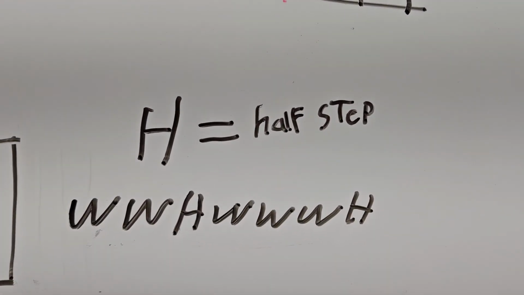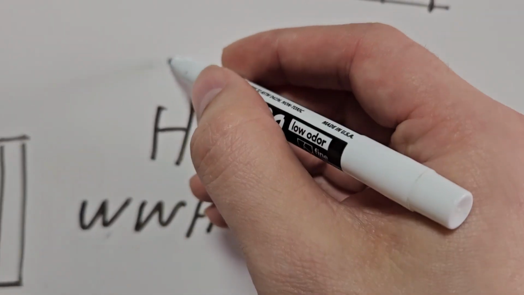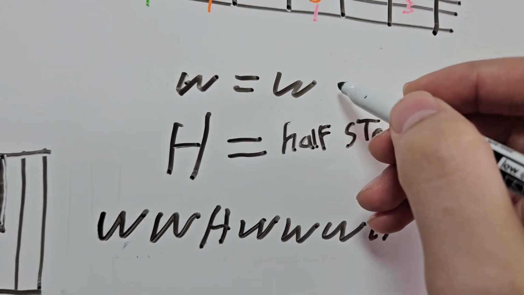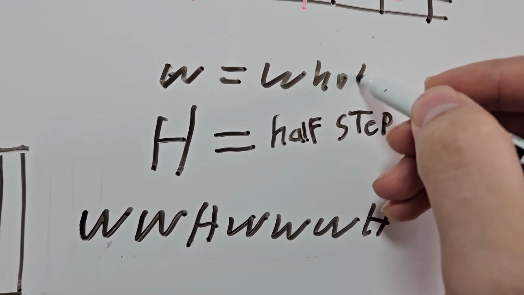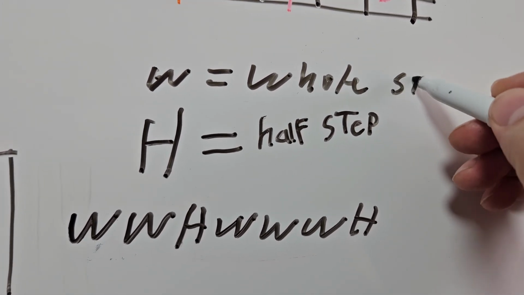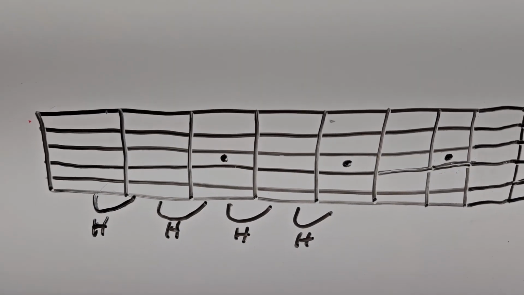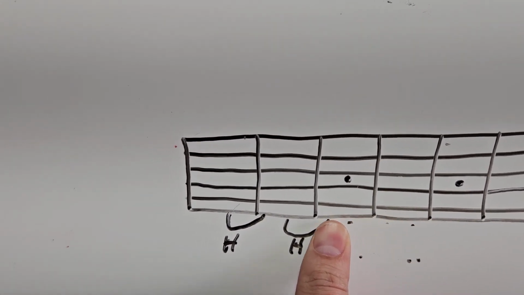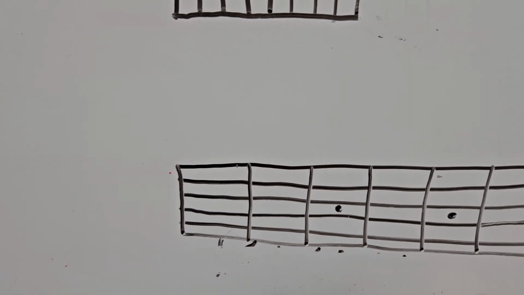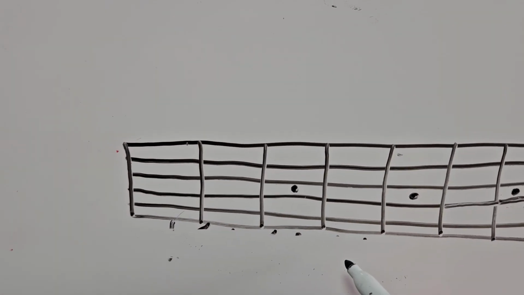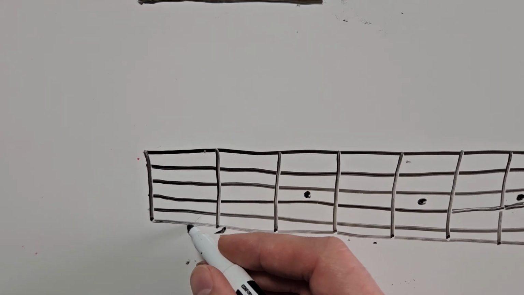Now, when we got a W, that represents a whole step. Now, going back to the fretboard here, we'll just get rid of these. A whole step is every other fret, or every 2 frets.